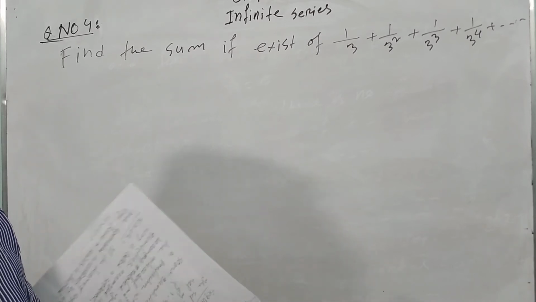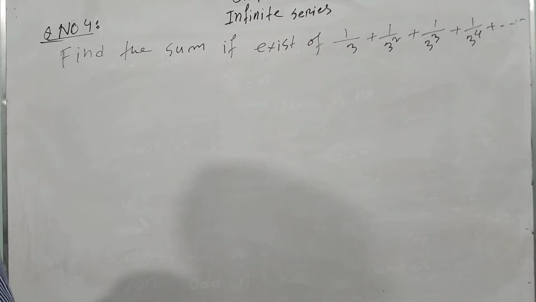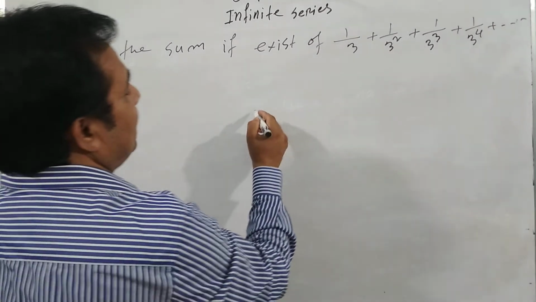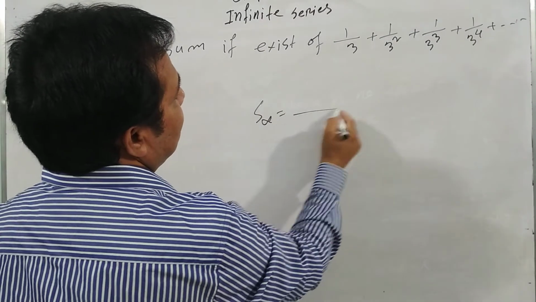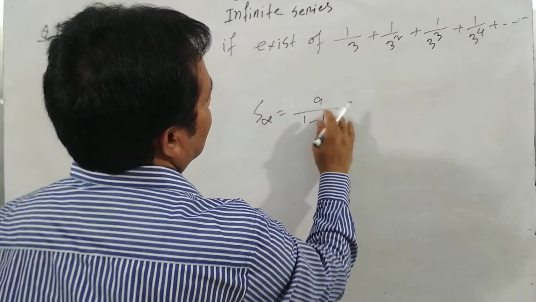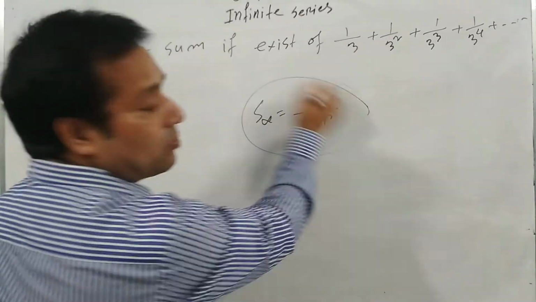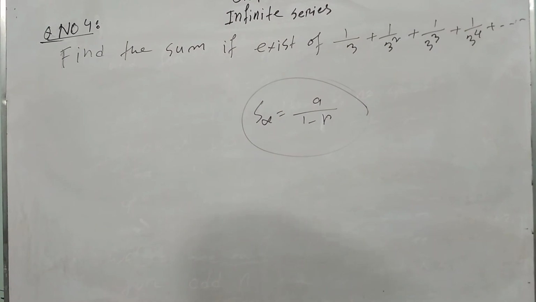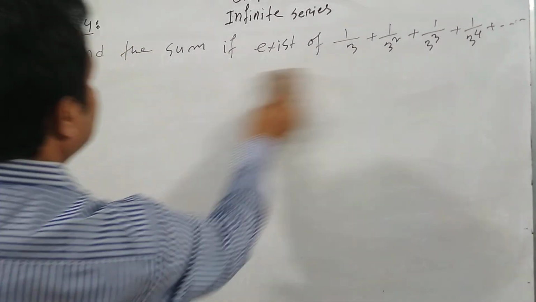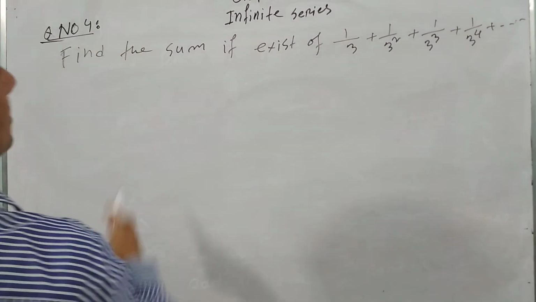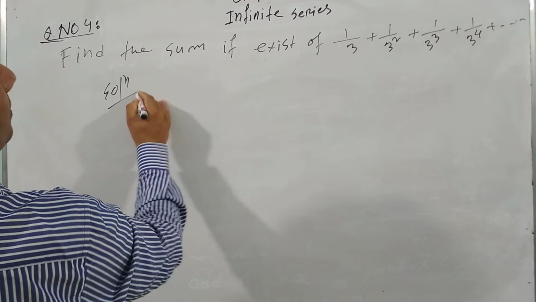Here we have to know the formula of the sum up to infinity. This is the formula: sum to infinity equals a divided by 1 minus r. We have to know the formula. Next, solution.